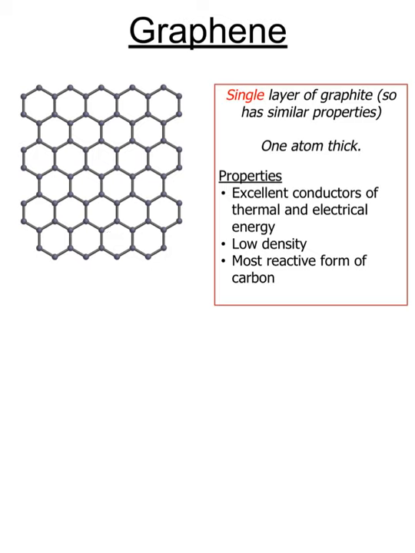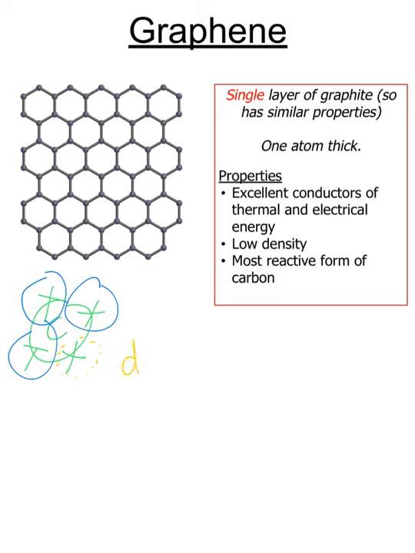So remember I drew my outer shell of carbon. 3 of the electrons are involved in bonding, which leaves 1 spare. That 1 spare becomes delocalized. Okay, keyword there, delocalized. It means that graphene, just like graphite, can conduct heat, thermal energy and electrical energy as well.